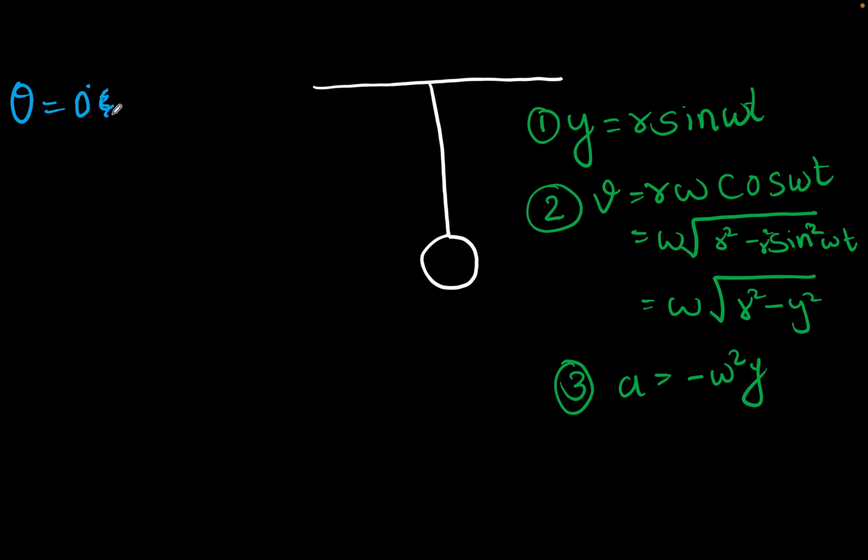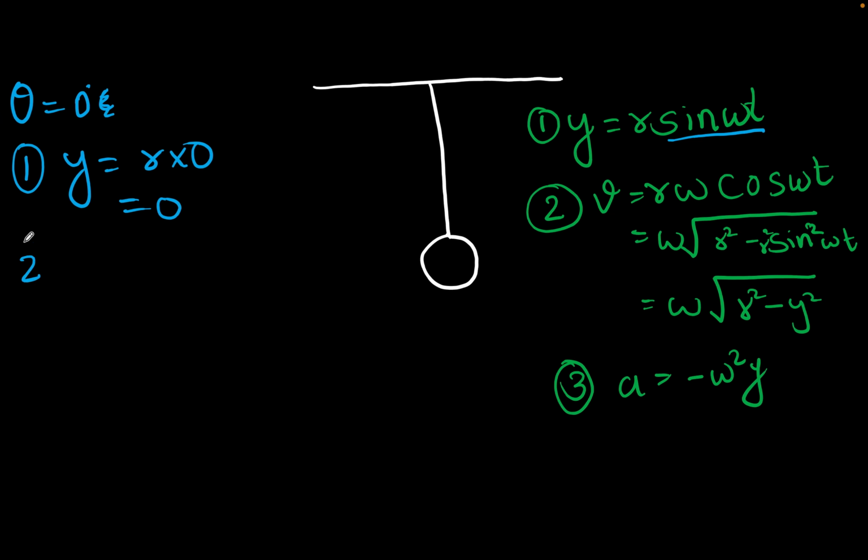For the displacement, sine omega t is going to be sine 0, and sine 0 is 0, so y is r times 0, that is 0. So it doesn't cover any displacement technically.